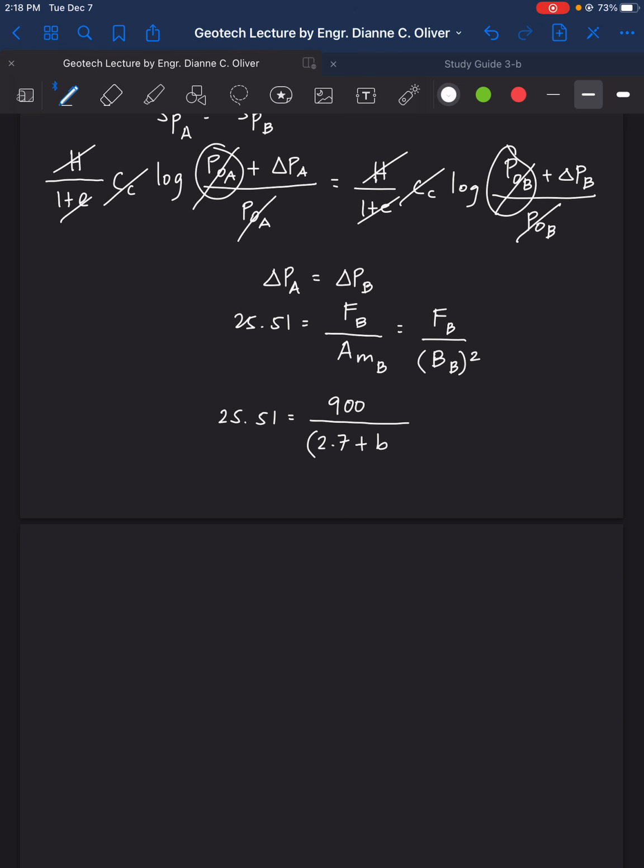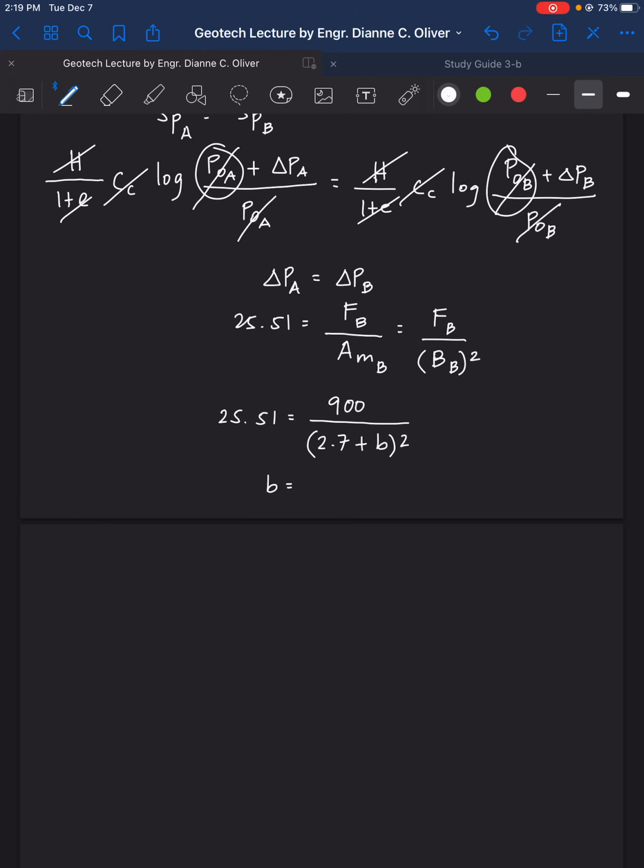So, 2.7 plus b squared is equal to 900 over 25.51, square root of the answer, then minus 2.7.